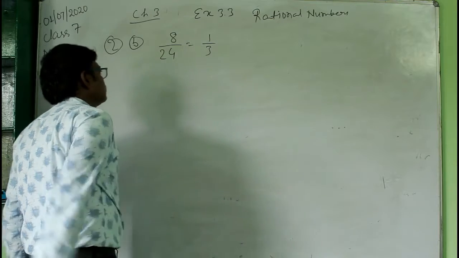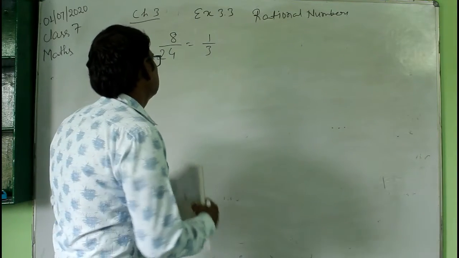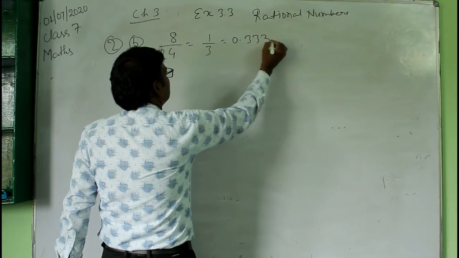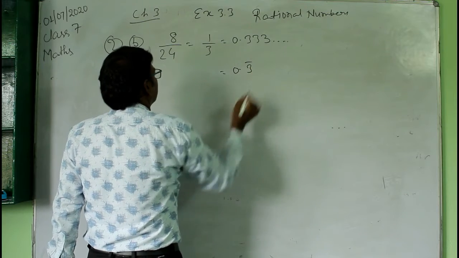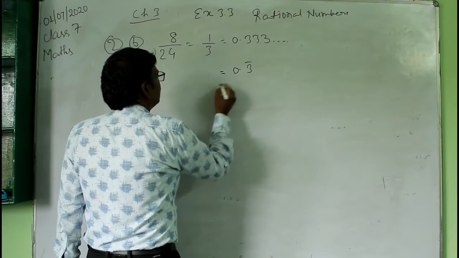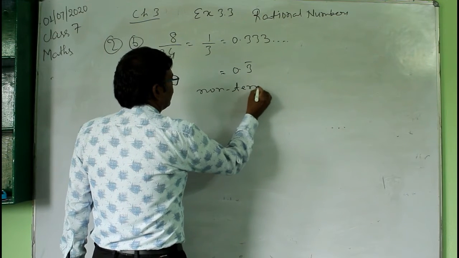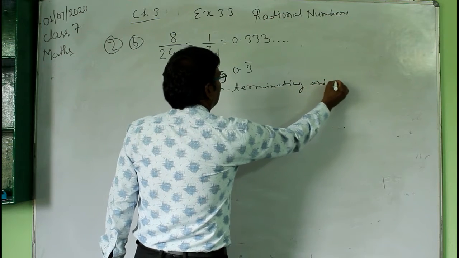If you divide 8 by 24, you will get the same answer, that is 0.333 dot dot dot. So it will be equal to 0.3 bar. Then here you write that it is again non-terminating and repeating.